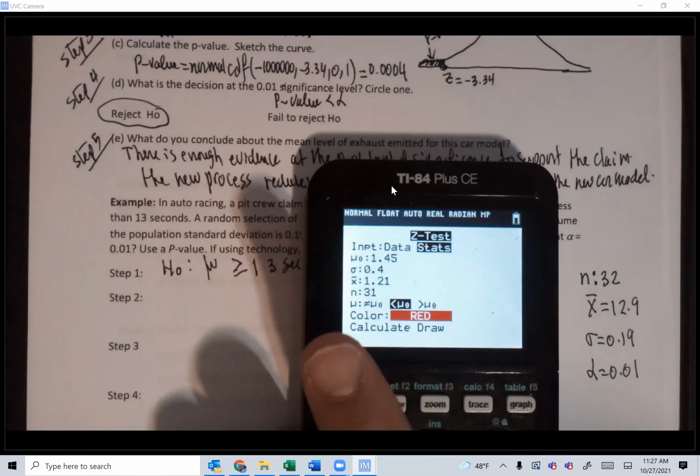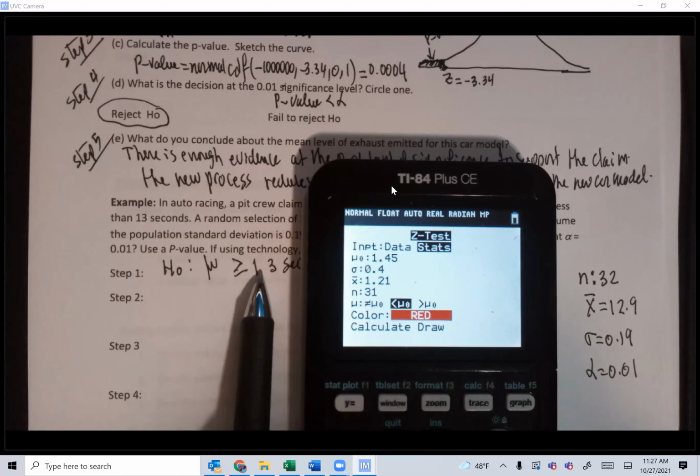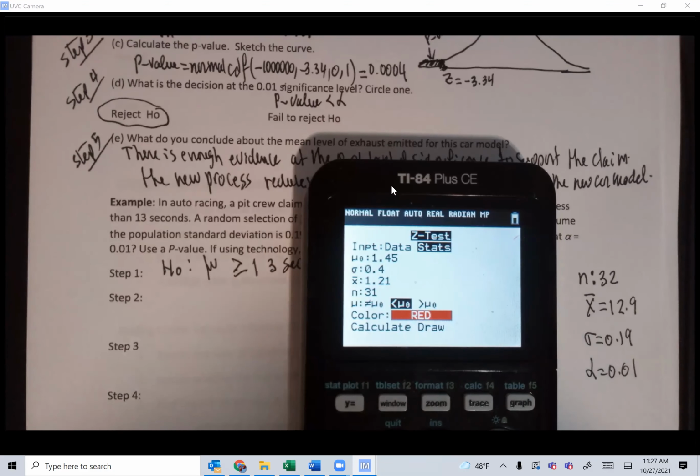We assume that the null hypothesis is true until proven otherwise, so we have to use 13. Enter. Sigma is 0.19. X bar, 12.9. N is 32. Any questions, guys, so far?